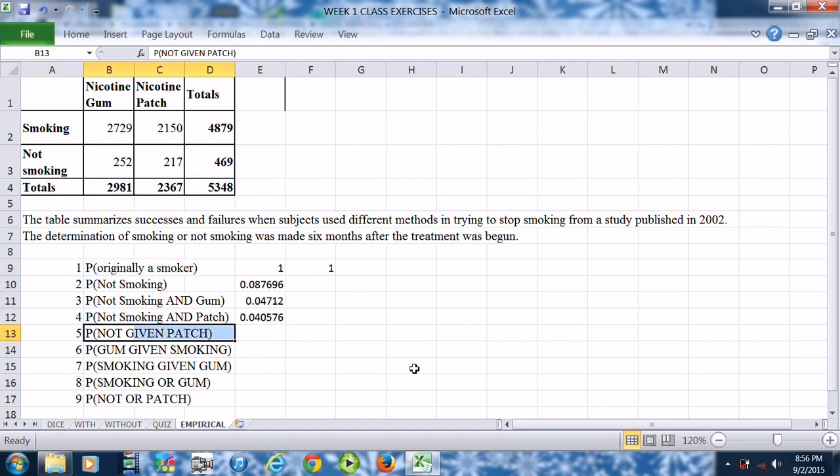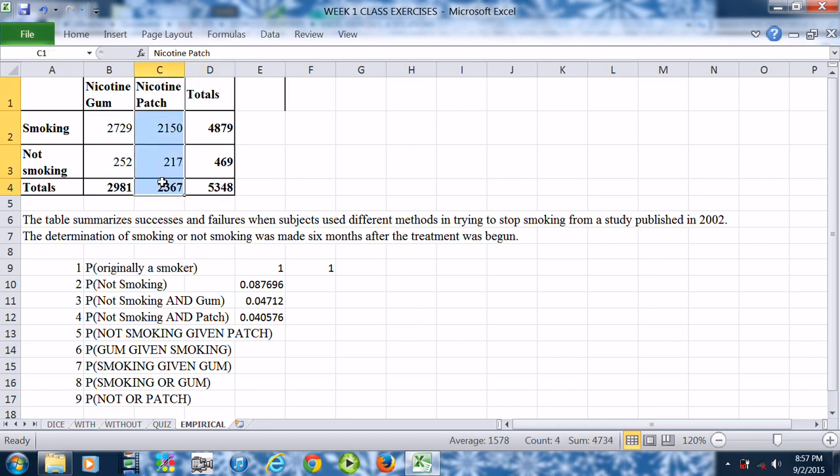Let's look at a different type of problem. The probability of not smoking given they try to quit with the patch. So given means we know they try to quit using the patch. If we know they try to quit using the patch, we are only interested in this single column. We are no longer interested in all 5,348.